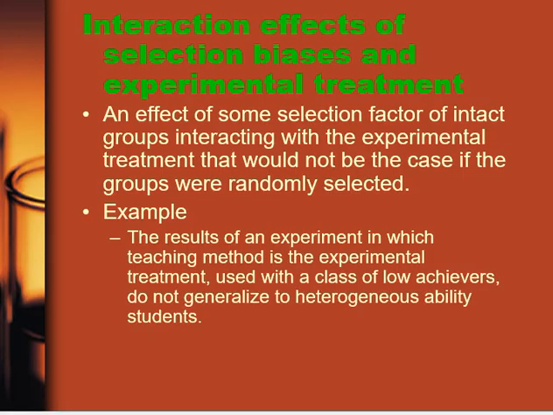So an example is if the results of an experiment in which a teaching method is the condition, the thing that we're doing, if we had a class of people who were not very motivated, low achievers, our experiment isn't then going to generalize to just a normal set of students because we're only looking at low achievers. We're not looking at middle or high achievers. So we really don't know that our teaching method actually had an impact. It could just be because we had low achievers, we had selection bias to begin with.